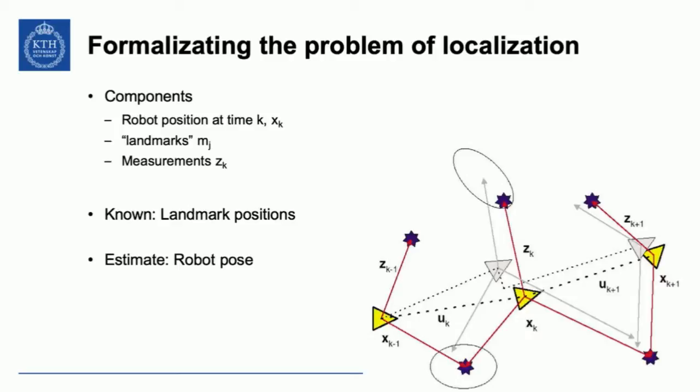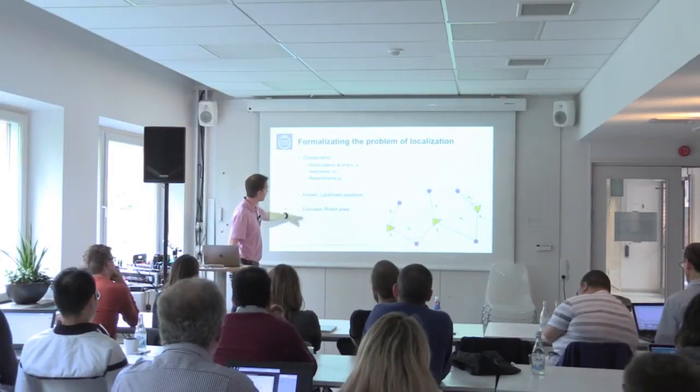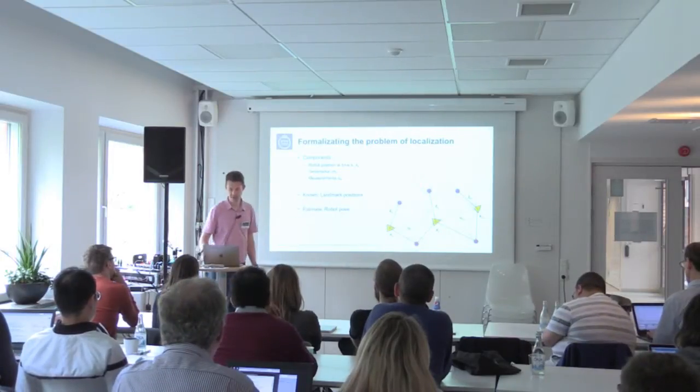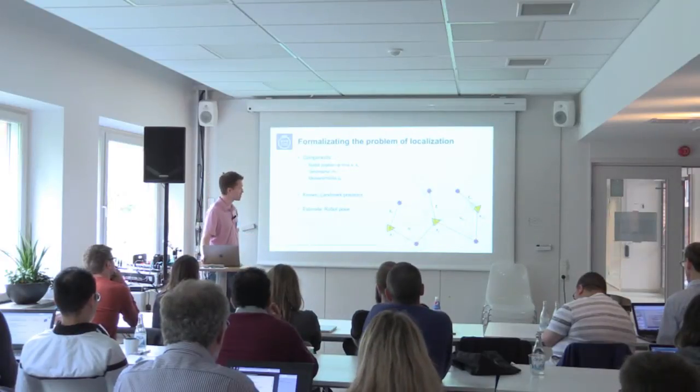And then we have measurements, which would be the time it takes for the signal to move from the satellite to me. Or it could be the time or the bearing in an image to a certain landmark. So we assume we know the position of the landmarks. And what we're trying to do is estimate the position of the robot. So this is the localization problem.